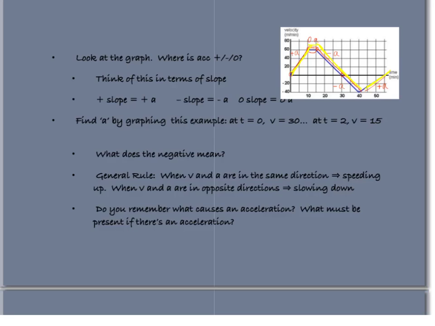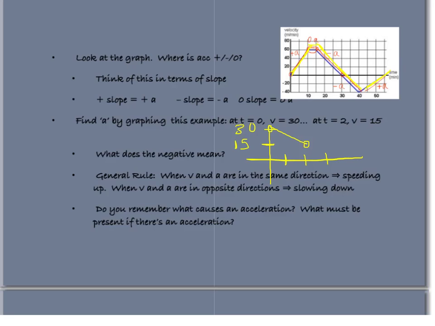Let's try out creating our own graph here. Let's say that at time 0, you had a velocity of 30 meters per second. And just a couple of seconds later, you were down to a velocity of only 15 meters per second. So we start here at 30, and over the course of 2 seconds, we drop to 15.